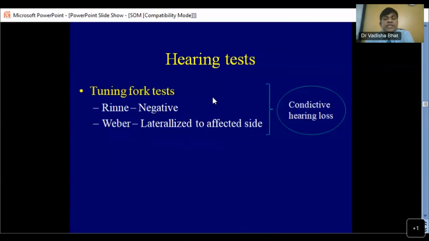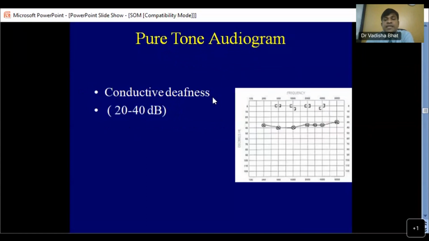Next is the hearing test. First is the clinical test of hearing. Unfortunately, many times the child is a small kid and the results are not very reliable. However, if the same occurs in an adult, then our tuning fork test will give a clue of conductive hearing loss, in the form of Rinne's negative and Weber's lateralized to the affected side, as in any other condition with conductive deafness.